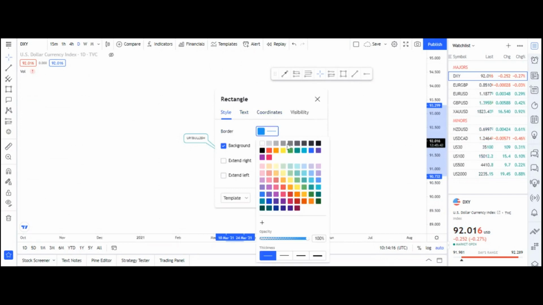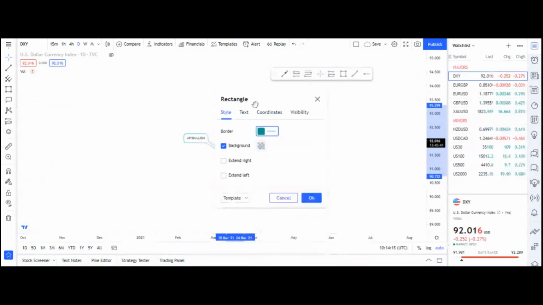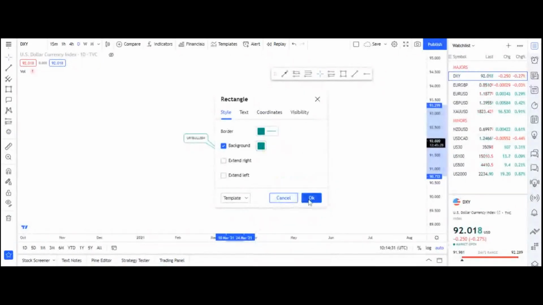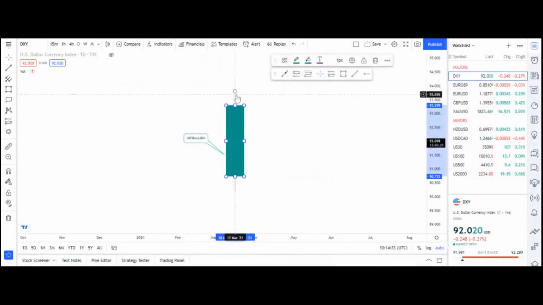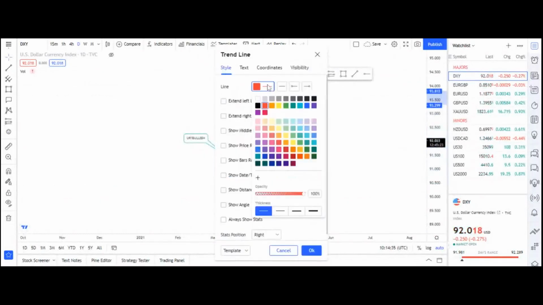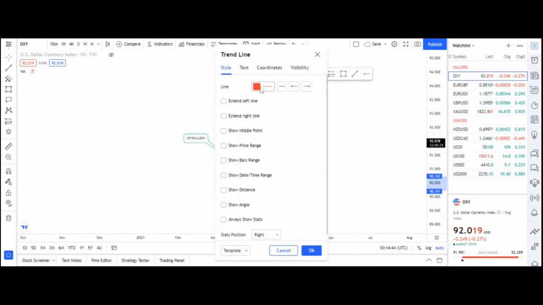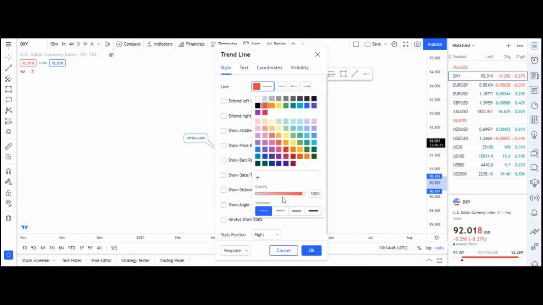Let me change the color to green. Okay, so this is a bullish candlestick, an up candlestick.